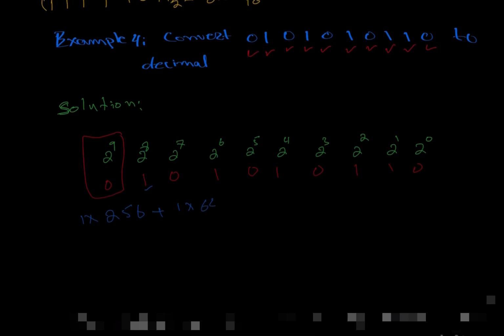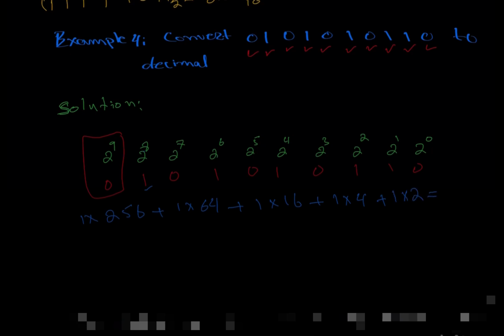Let's write it down like that. Plus, there is nothing in there, so that's 0. Now 1 times 2 to the 4 is 16. Now this is 0 again. 1 times 2 to the 2 is 4. And then plus 1 times 2 to the 1 is 2.